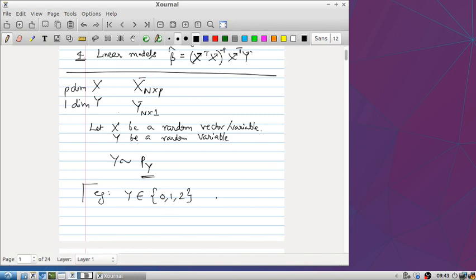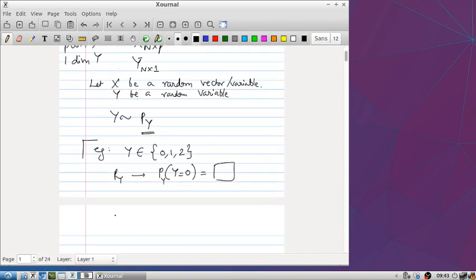Then p of y can be described as follows: p of y equal to 0 is some number, p of y equal to 1 is some number, and p of y equal to 2 is some number.